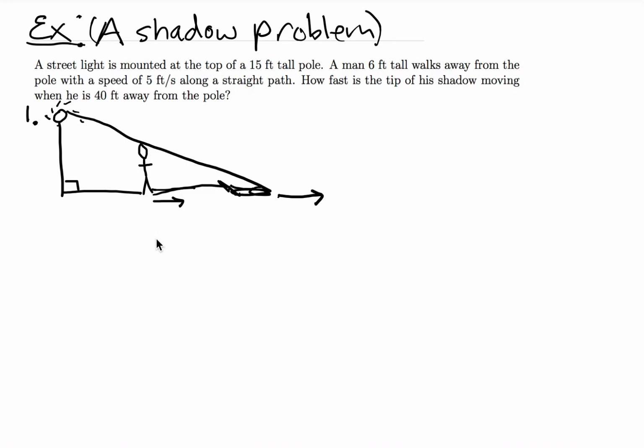This problem is slightly different from some of the other questions that we've had in class because if I examine very carefully the rates of change that are involved in this question, sure, we've got a rate of change of an overall side length because we're wondering how quickly this point here is moving forward. But we've also got a rate of change here for this side length because we're told how fast the guy is moving forward.